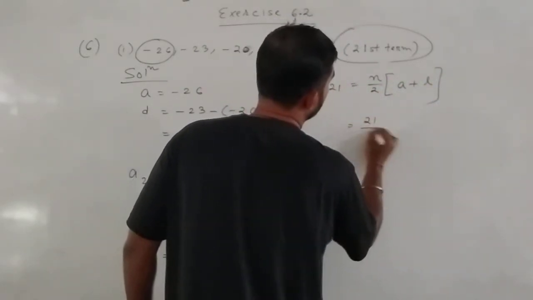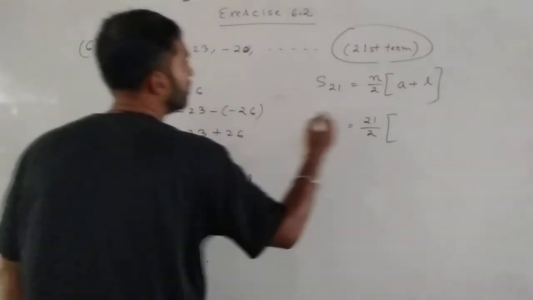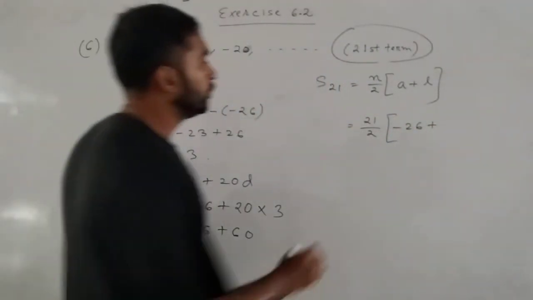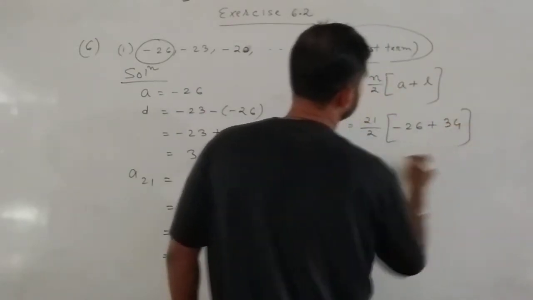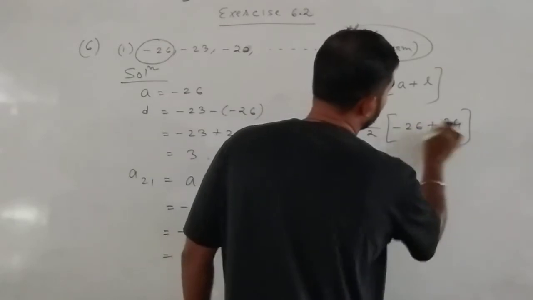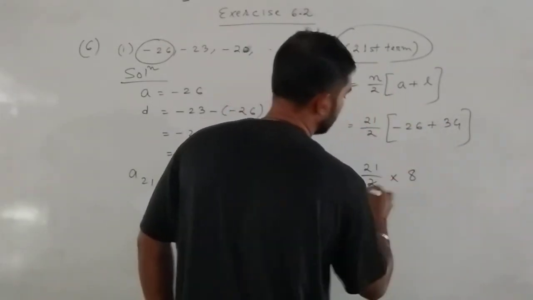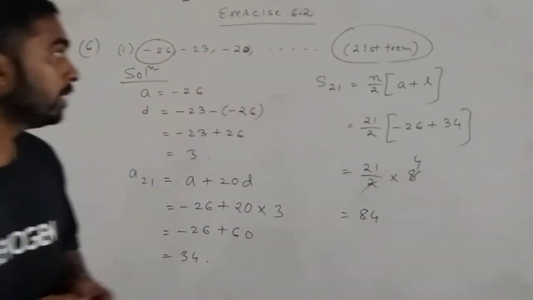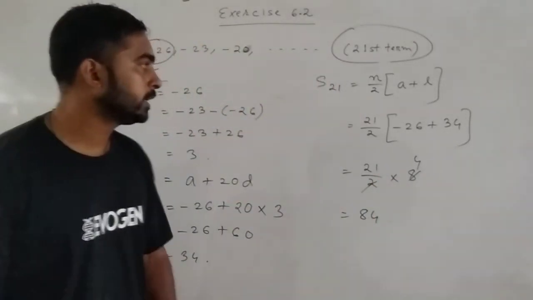N means 21 by 2, A means minus 26, L means 34. 21 by 2 into 34 minus 26, 8, so 4, 84. So the sum up to the 21st term is equal to 84.